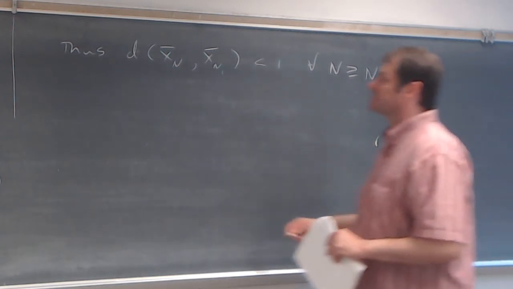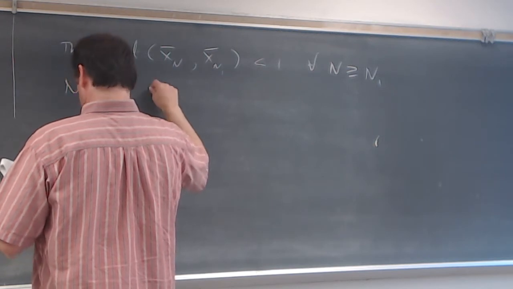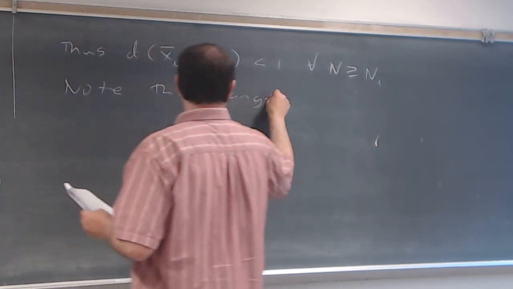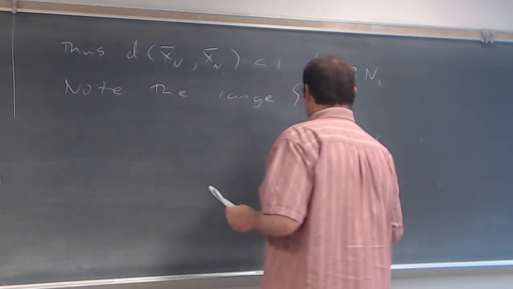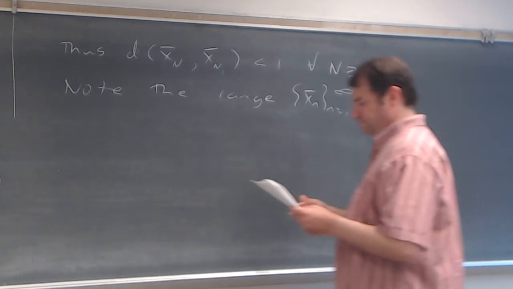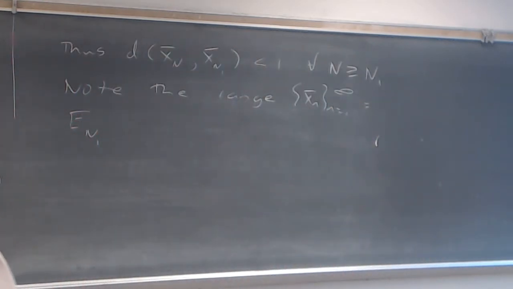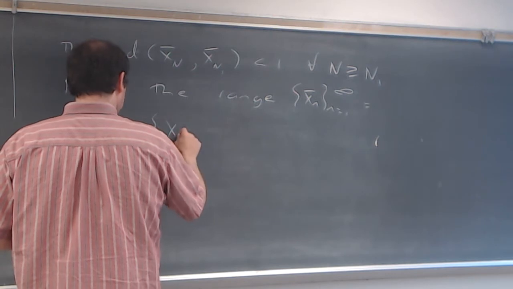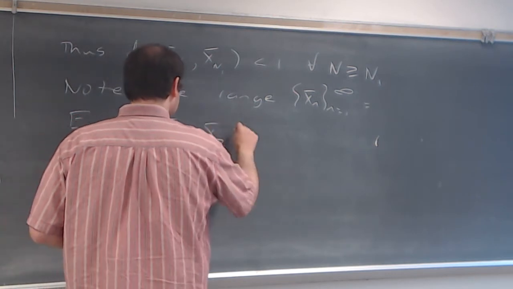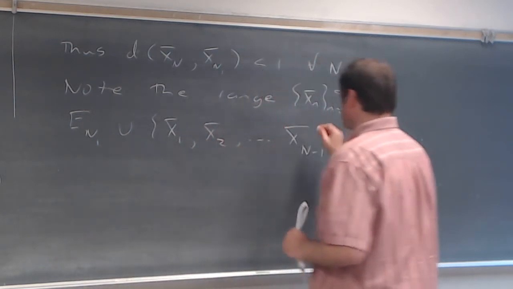Now, what we're going to do is observe that the range, the output values of the sequence x sub n, is equal to E sub n sub 1, all the terms from the n sub 1 term beyond, union with x sub 1, x sub 2, all the way up to x sub n sub 1 minus 1.